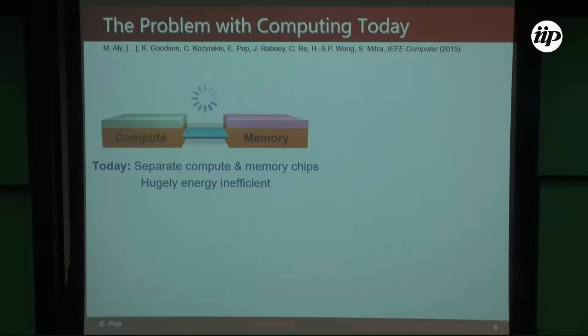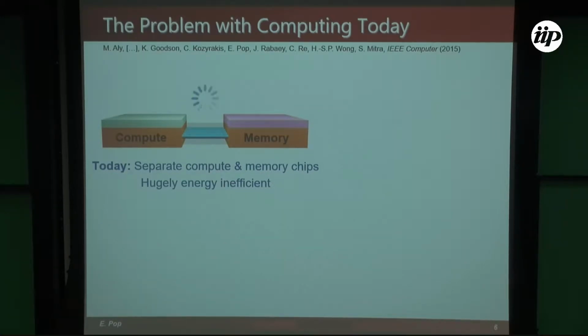Okay, so a version of this slide was also shown 2 days ago. This is very simple. The problem of computing today is that we have computing chips and memory chips that are essentially separated, including in my laptop, including in your cell phones. They're typically separated, right? And so this leads to significant bottlenecks and significant energy waste while the CPU waits for data from the memory.